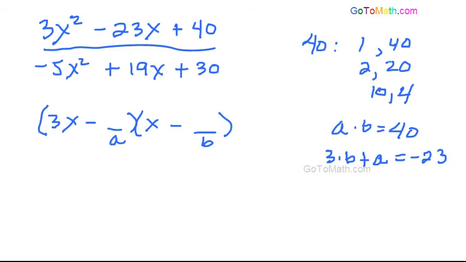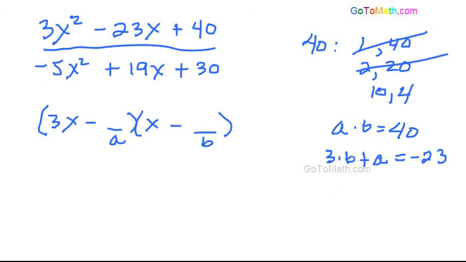Let's see. We know it's not going to be 1 and 40, right? Because if you put a 1 here, 40 here, that ain't going to work. All right, what about 2 and 20? Put a 2 here, you get 6. If you put a 20 here, you'd get 60. That ain't going to work either. Remember, 2 here, you get 6. That'd be 26. Yeah, that's not going to work. All right, let's take a look at 10 and 4.